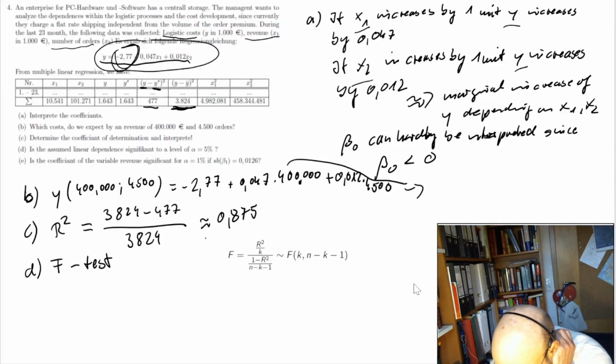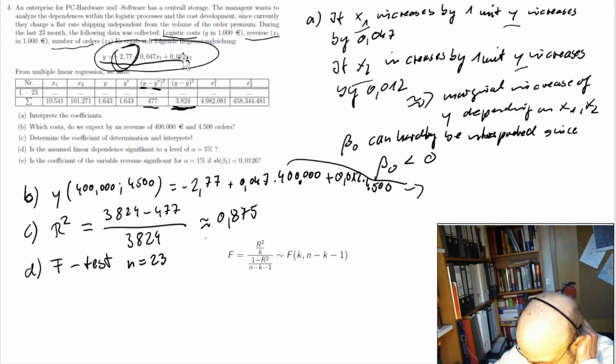And what is n? We have data over the last 23 months, so n is 23. And how many parameters do we have? We have two independent variables, x1 and x2, so k is 2.